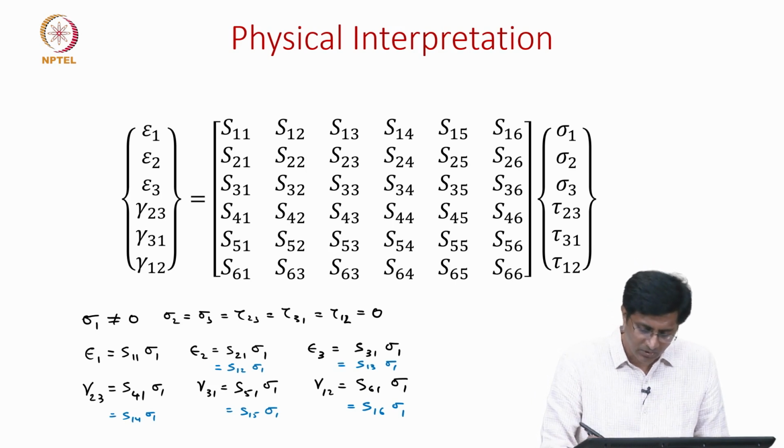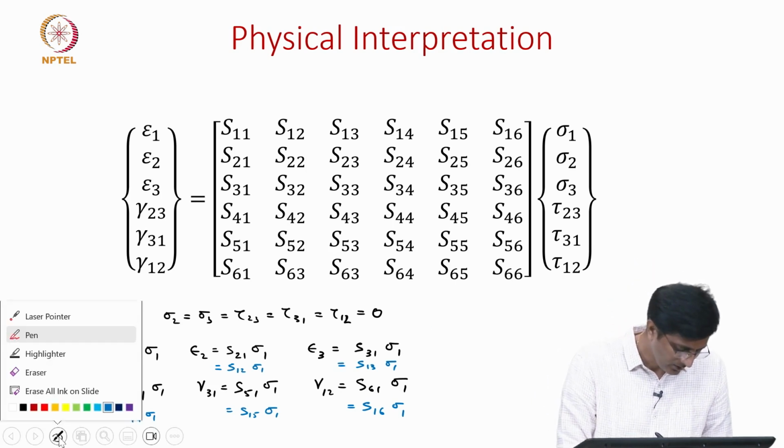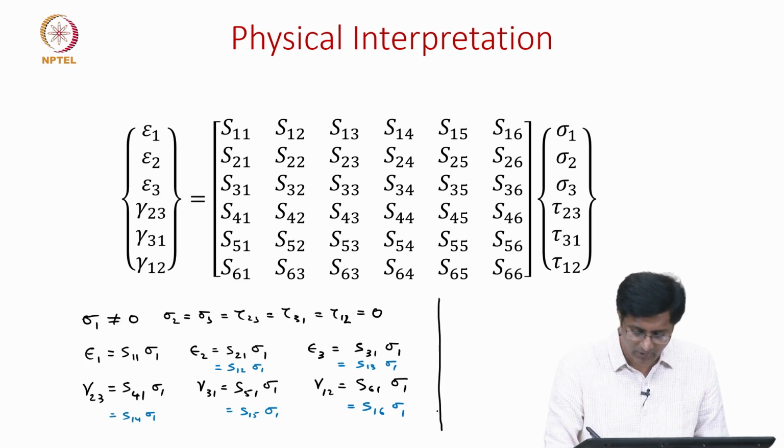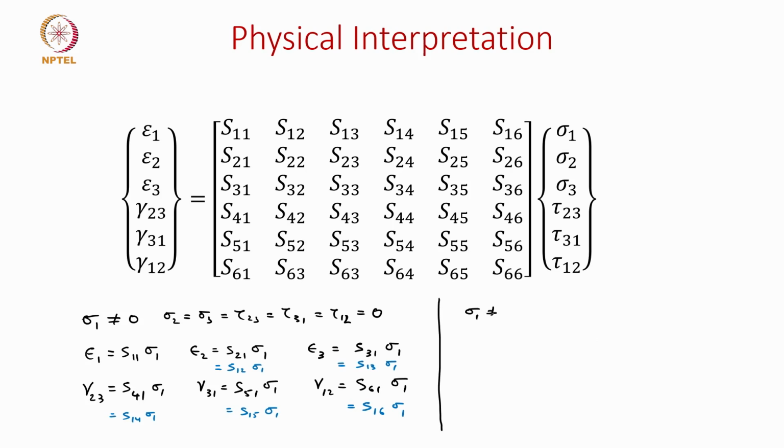Okay. So, now let us say the same experiment is repeated for an isotropic material. Again sigma 1 is non-zero, but this is for an isotropic material. Now let us see what the non-zero strains are.